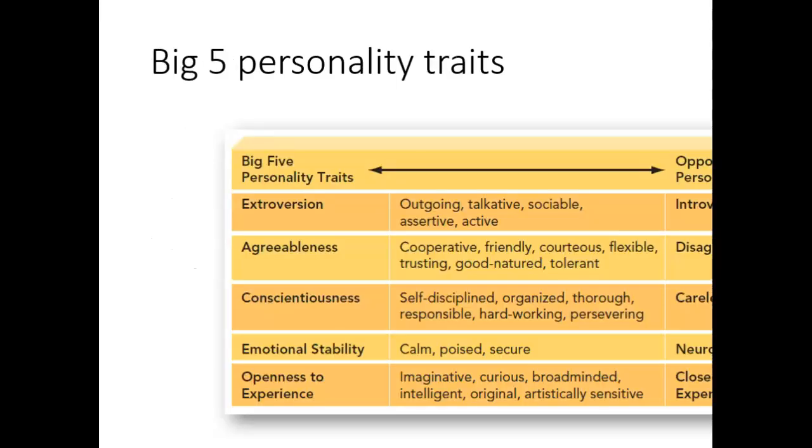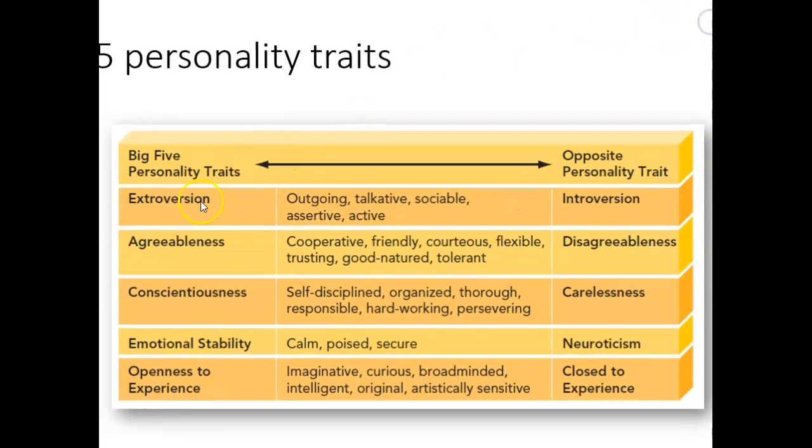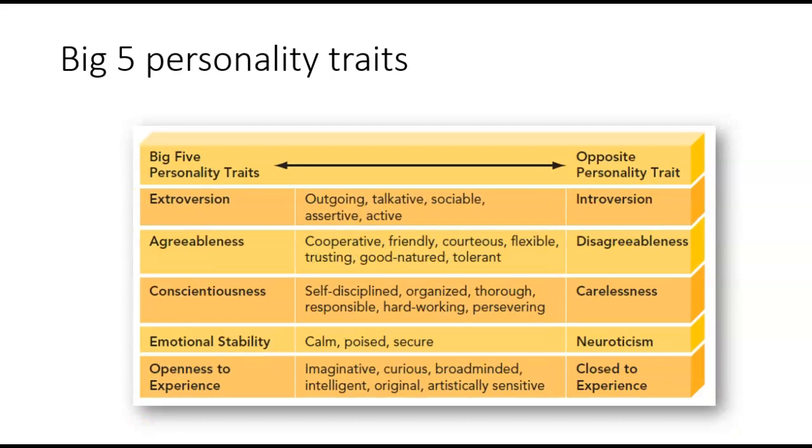So here's one way to think about it. Just had to adjust the screen a little bit. One way to think about personality is these five continuums, ranging from extroversion to introversion, and then down to openness to experience.